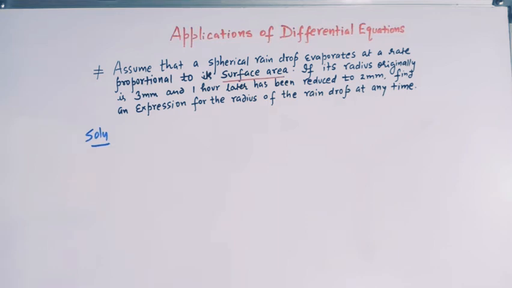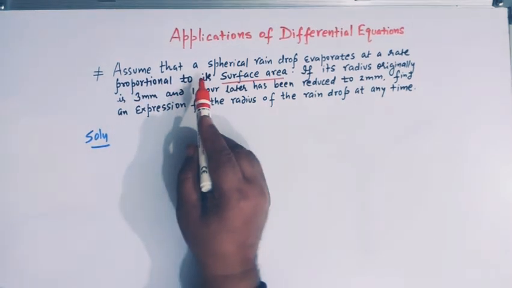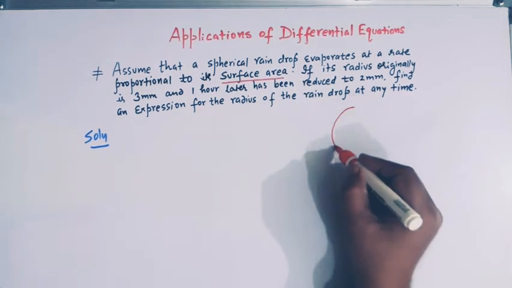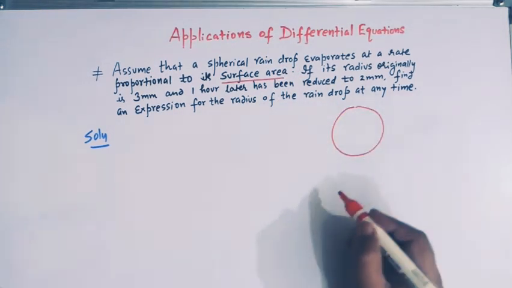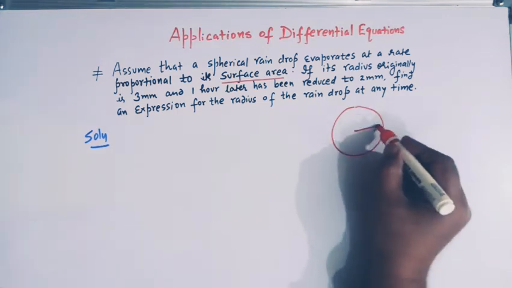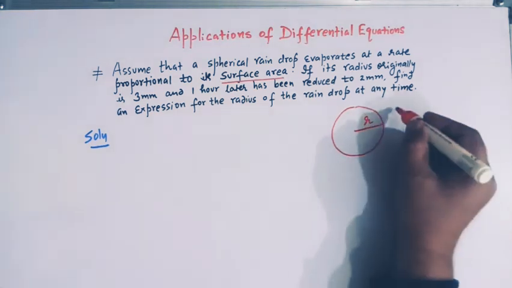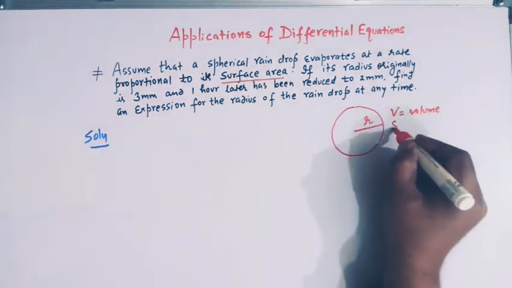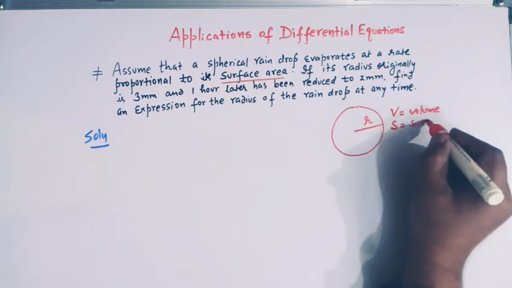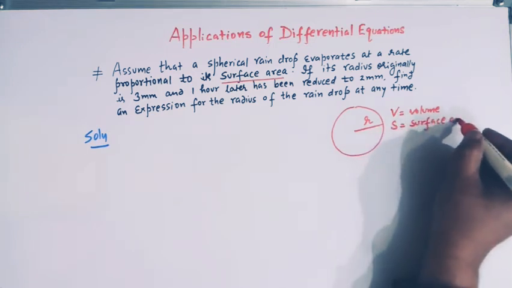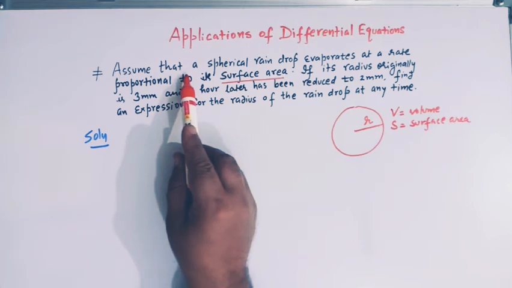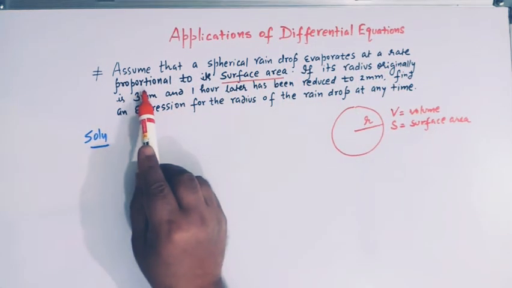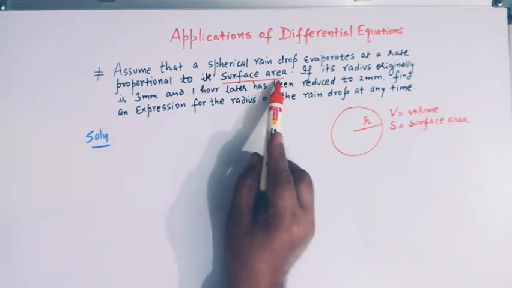Hello viewers, today we take up important problems based on applications of differential equations. So the first problem: suppose we have a spherical raindrop whose radius is r, v is the volume, and s is the surface area. Assume that a spherical raindrop evaporates at a rate that is proportional to its surface area.